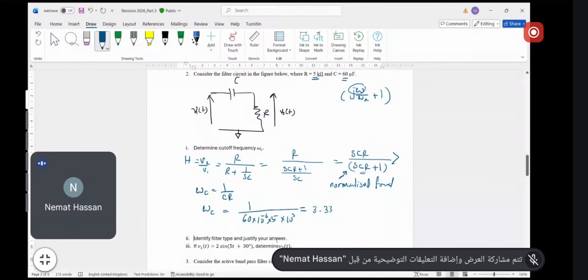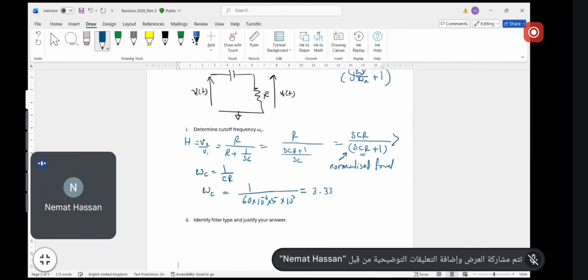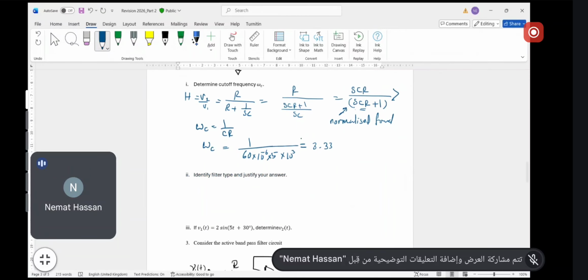Moving on to part 2. You'll notice it's the same question, it's just a minor difference in the circuit itself. Okay, what was the filter type? If you look at the transfer function we've calculated, H is equal to SCR over SCR plus 1.